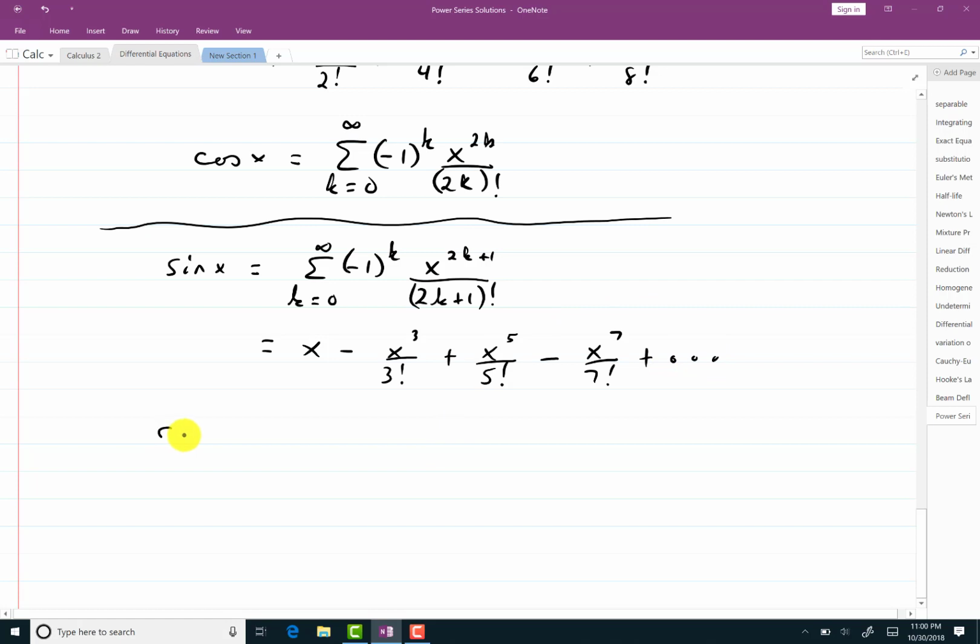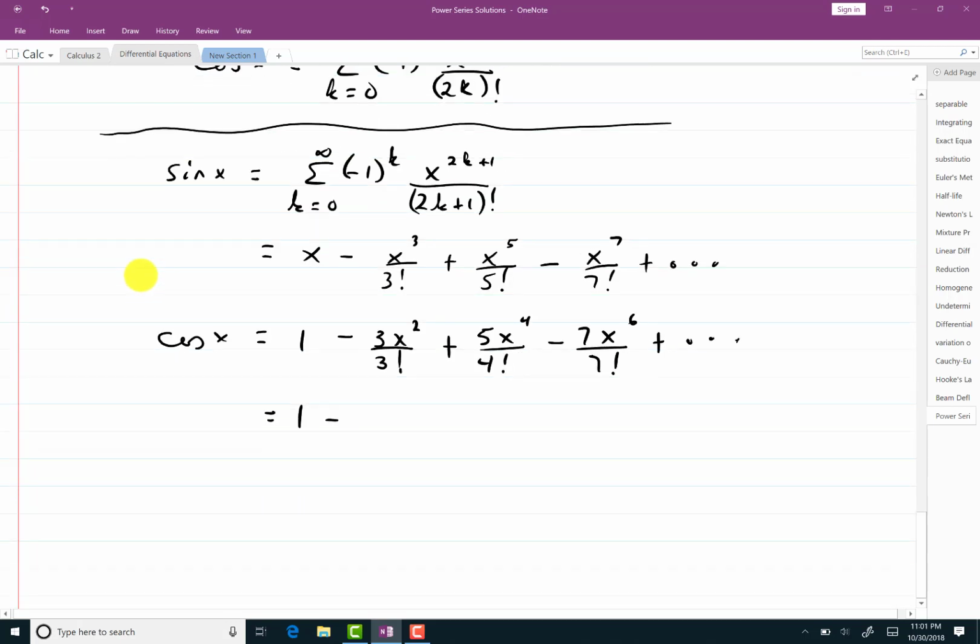So then cosine of x, if I differentiate this, I'll get a 1 in the first spot minus 3x squared over 3 factorial. Now I get plus 5x to the fourth over 5 factorial minus 7x to the sixth all over 7 factorial. And that goes on and on.